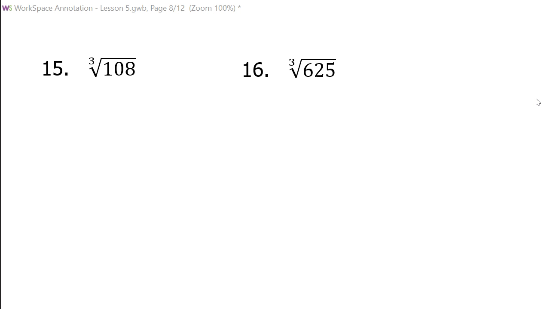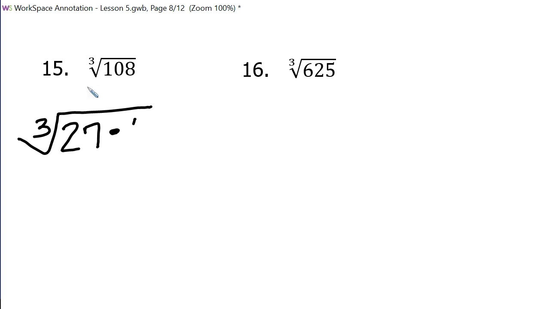Does 27 go into that? Yes, 27 times 4? There we go. So put the cube first, so 27 times 4.